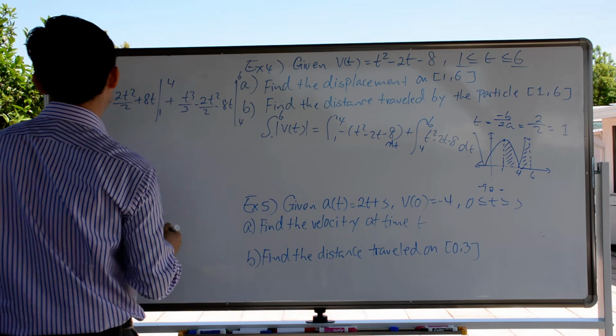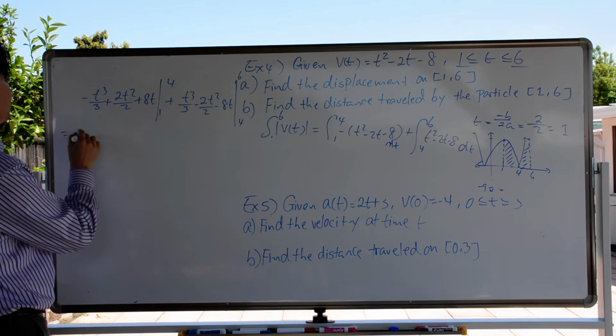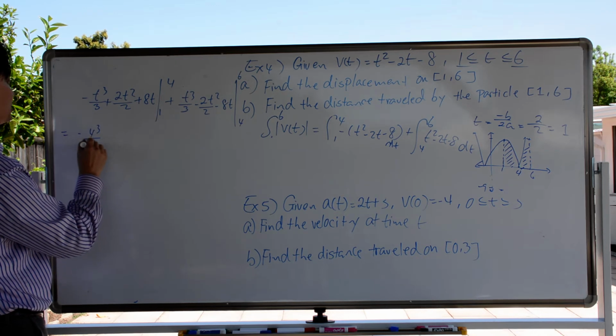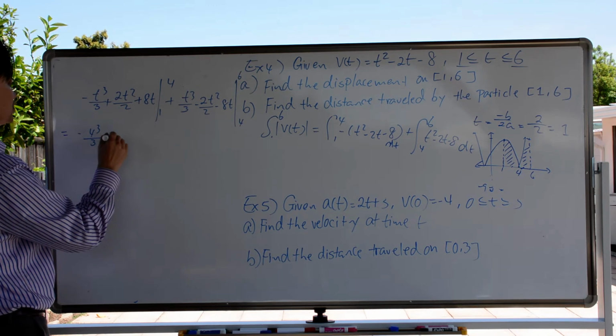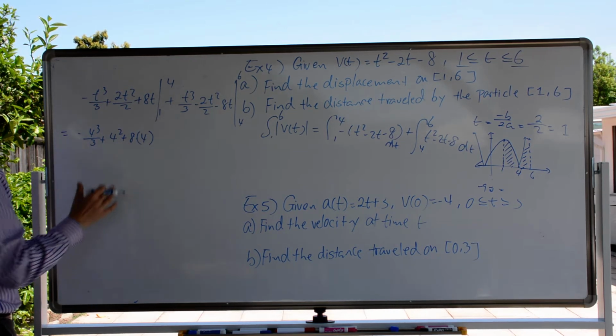Okay? So now, using part 2 of the fundamental theorem: negative 4 to the power of 3 over 3 plus 4 squared plus 8 times 4. Got to be careful and go slowly with things like this.